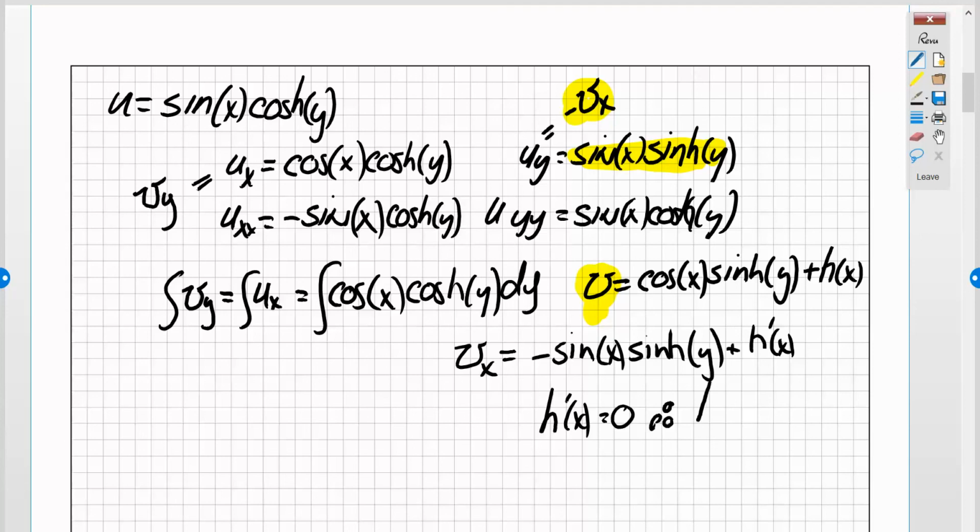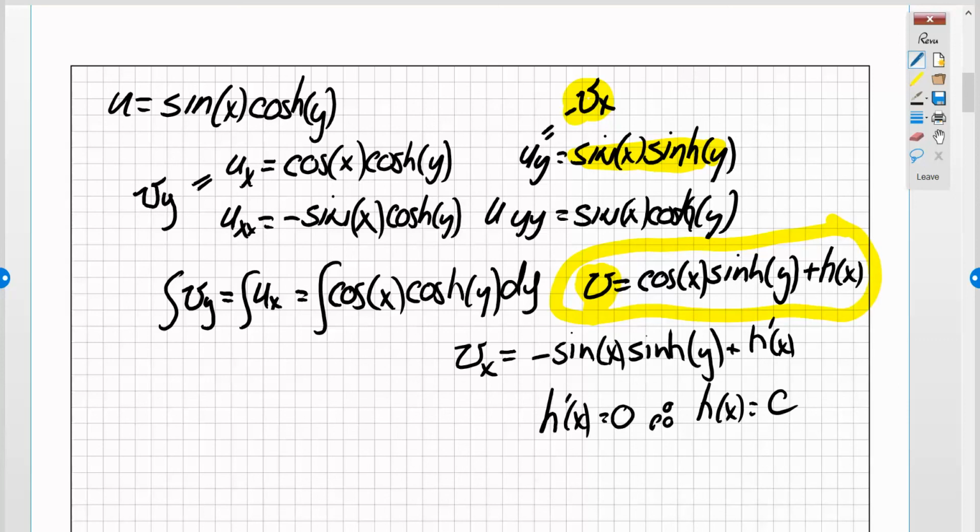Therefore, h of x is simply a real constant. And so I have confirmed that v of x and y from right here is this equation plus a constant for that h of x.